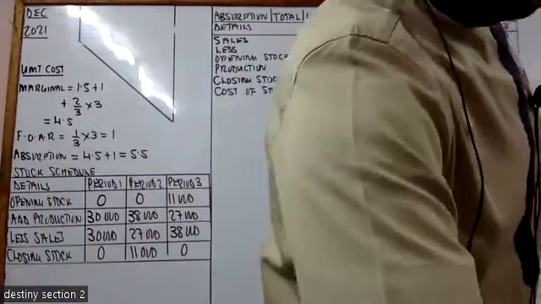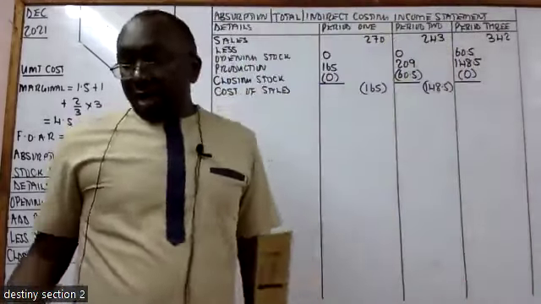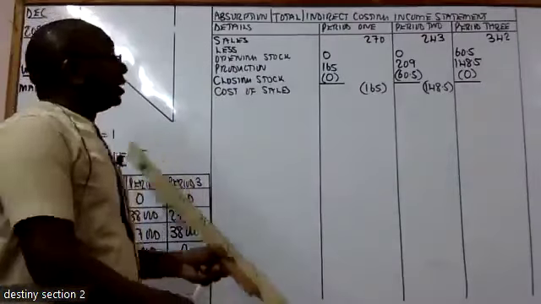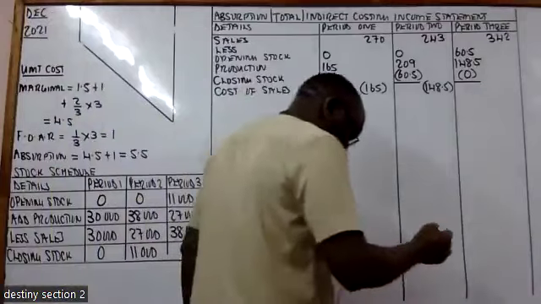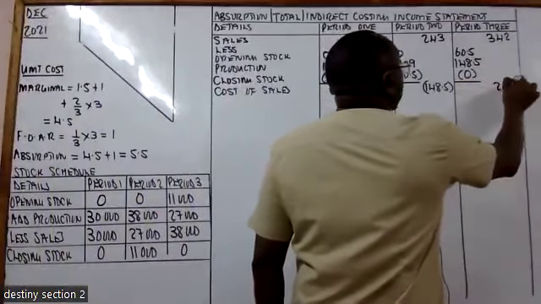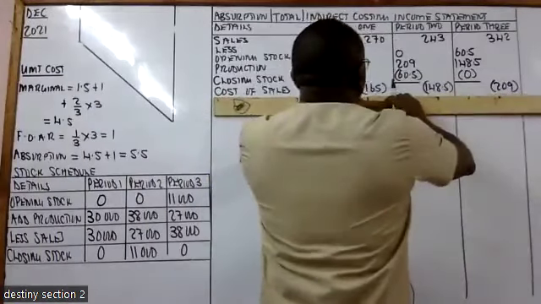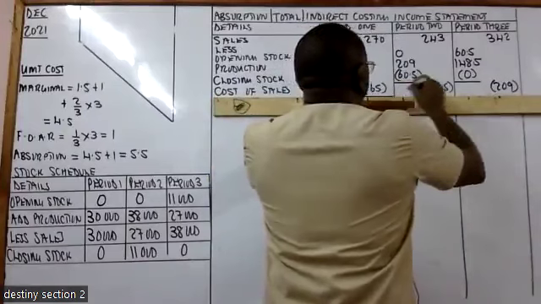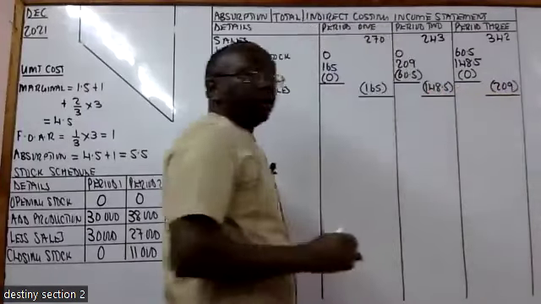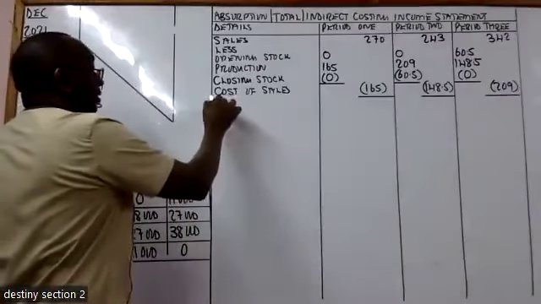$209. It's 209. So with 209, yeah. Let us get the figure that I told you is called gross profit.